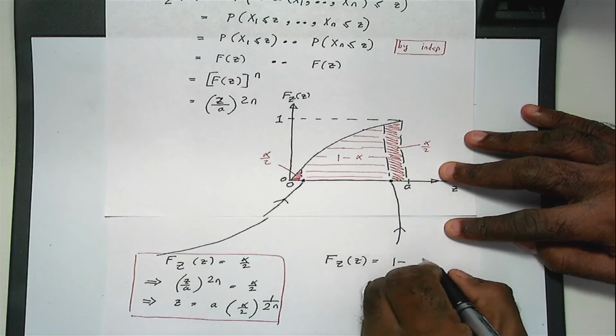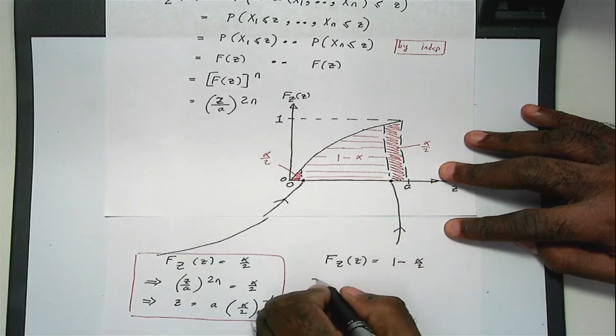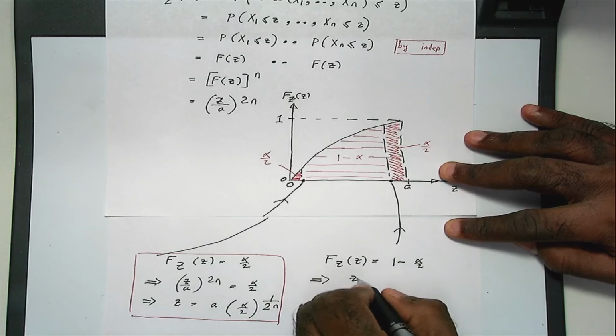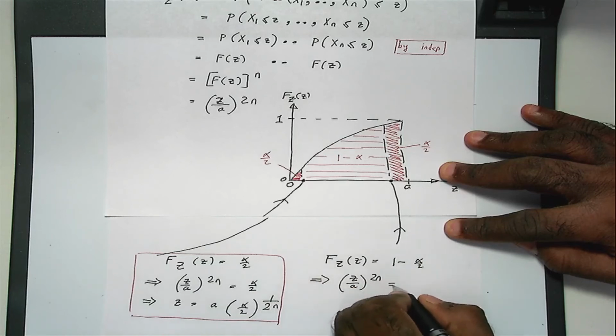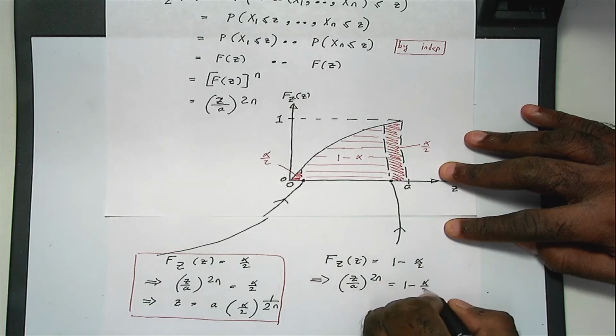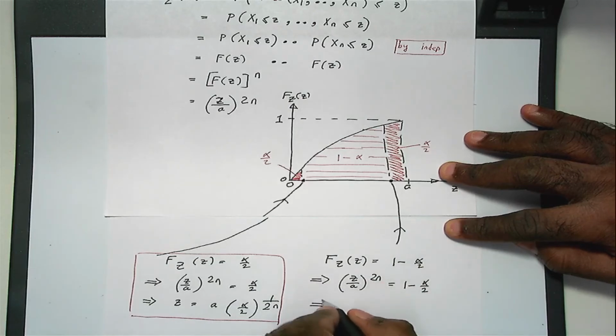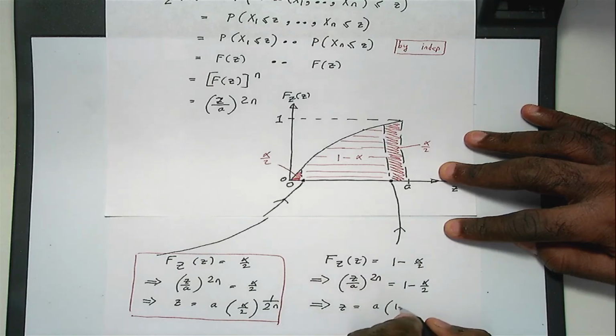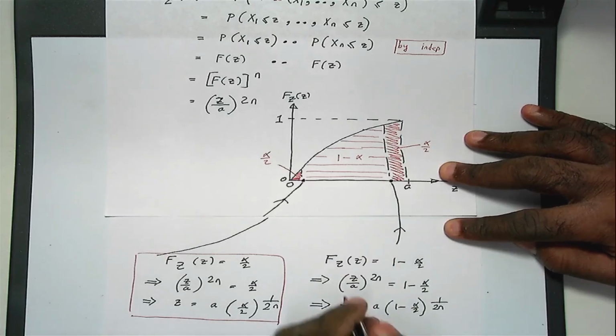So which implies that Z divided by A, okay, so this implies that Z is equal to A times this. Right, so this is the coordinate of this point. Let me put this in a box once again.